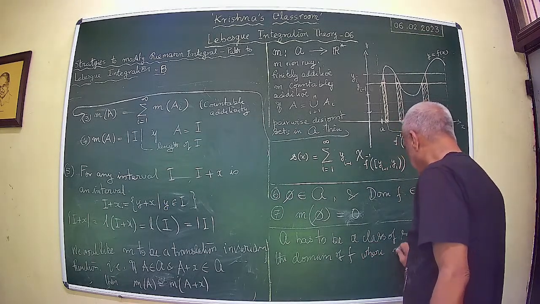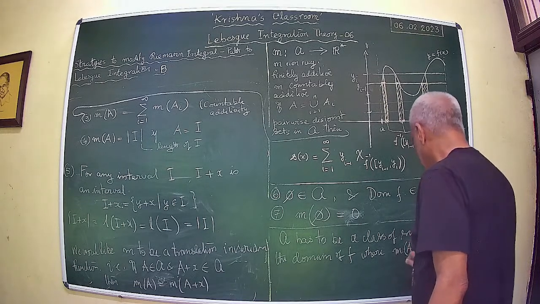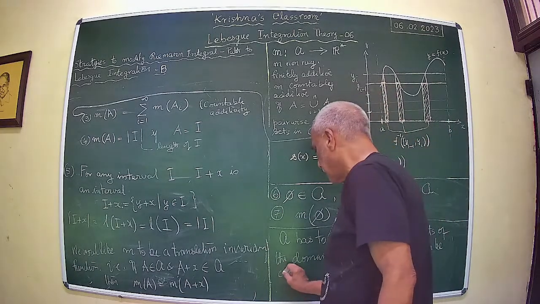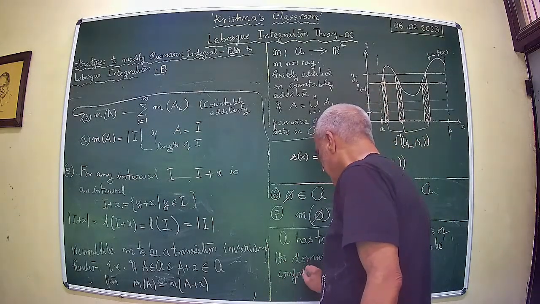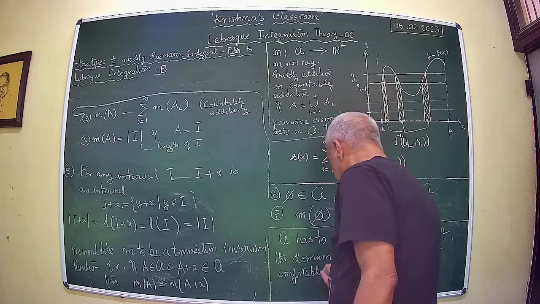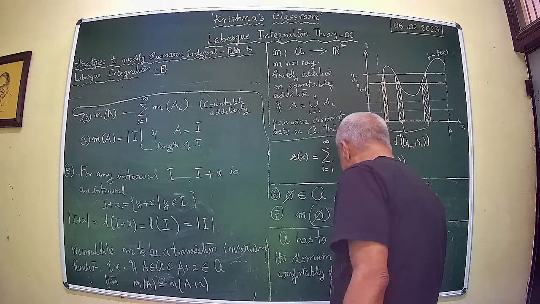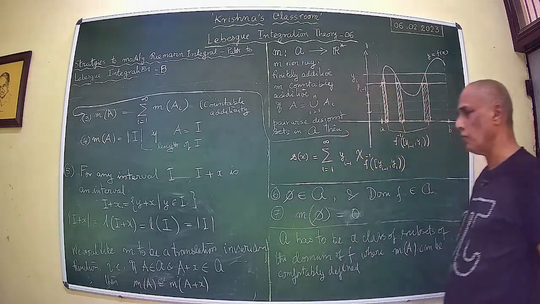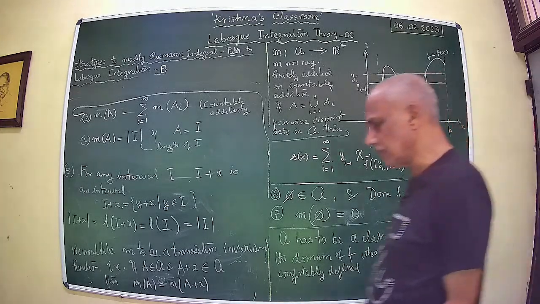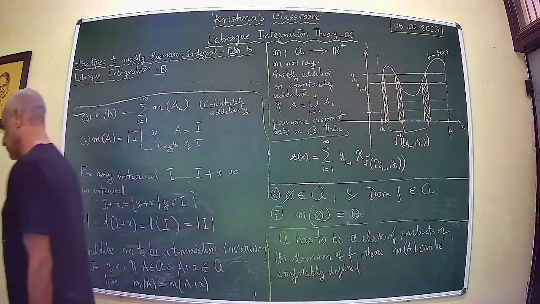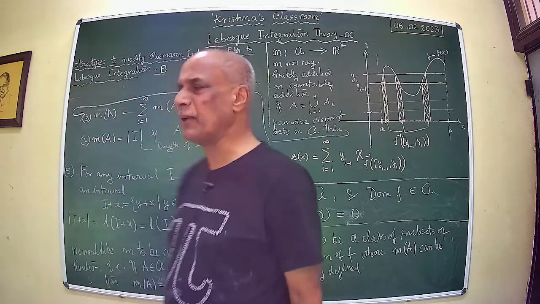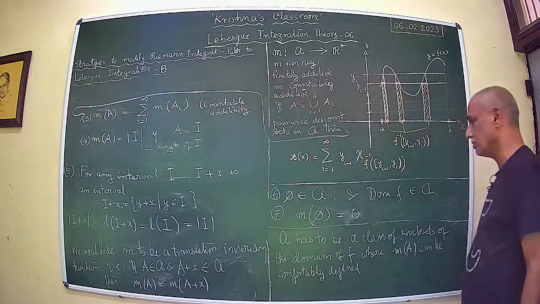Another property that you need is, if capital A is in script A, then A complement also has to be in it. So that is another property.